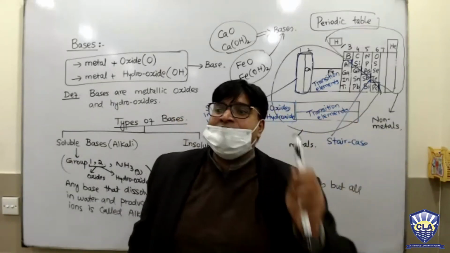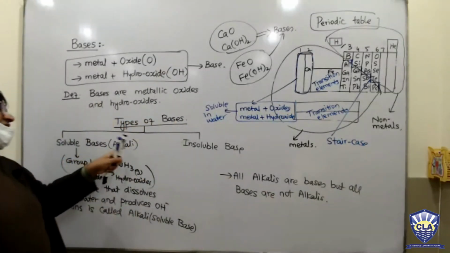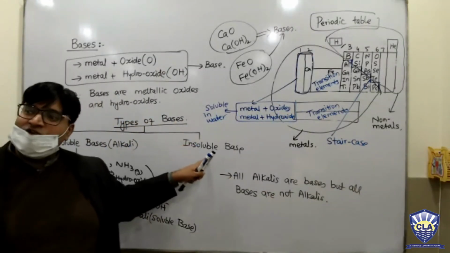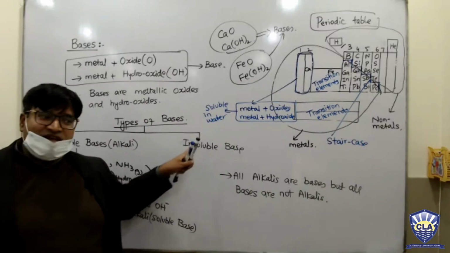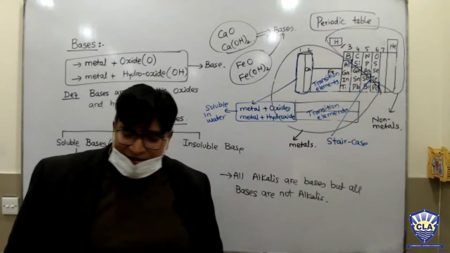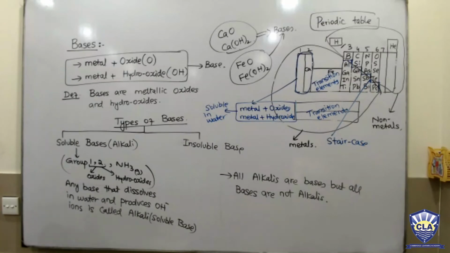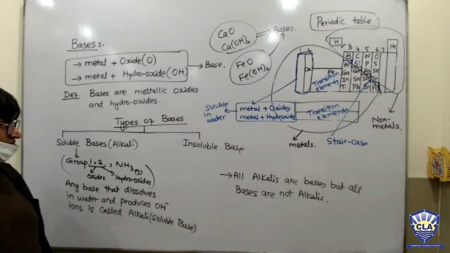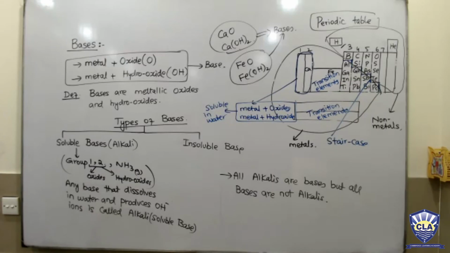So you can keep remembering, my dear students, you can only measure the pH of alkalis. You can't measure the pH of insoluble bases, because insoluble bases can't dissolve in water, so you are unable to measure their pH. Is it clear? Yes, sir.